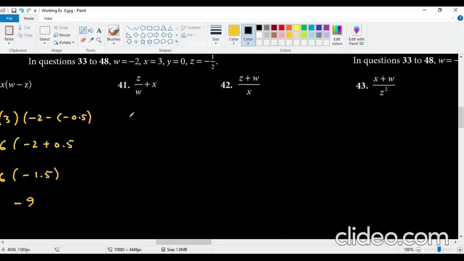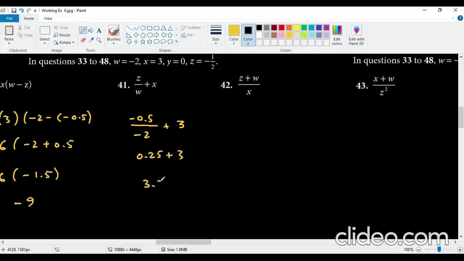Now z is negative 0.5 divided by w, whose value is negative 2, plus the value of x is 3. So negative negative is going to be positive, and 0.5 when divided by 2 is going to give you 0.25, positive, plus 3.